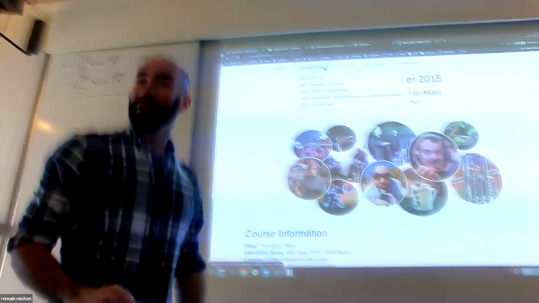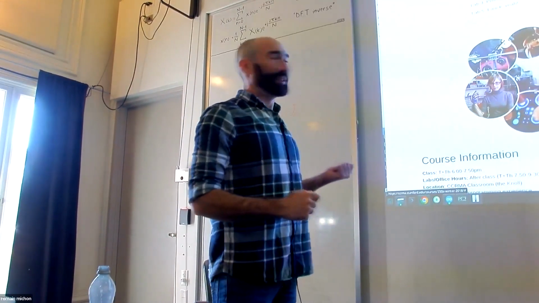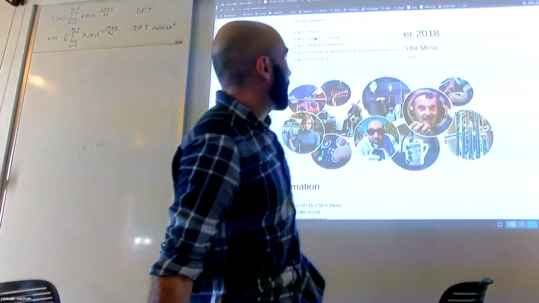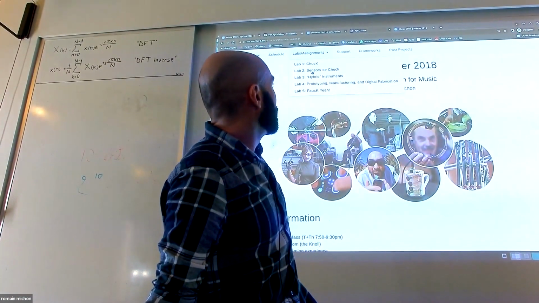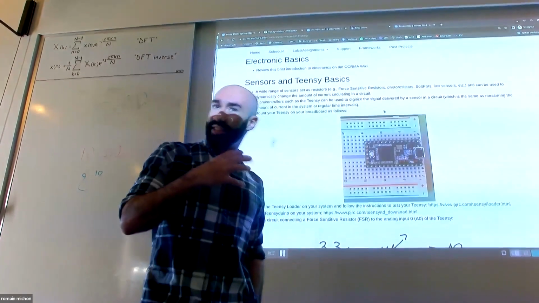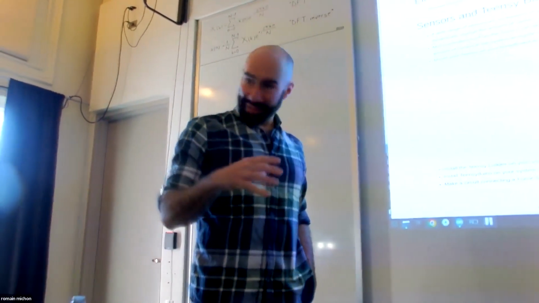So at the time we were using Chuck because Ge was teaching 258, and so basically, if you go in Lab 2, sensors to Chuck. See, there was already a Teensy, but it was a Teensy 3.2 because the 4.0 didn't exist at the time.